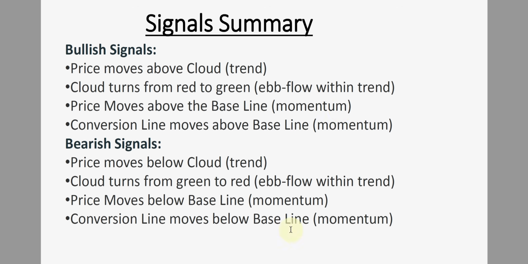Okay, for a bearish signal, price moves below the cloud, that's a trend. Cloud turns from green to red, that's also telling us that we are bearish. Price moving below the baseline is a bearish signal, and the conversion line moving below the baseline is also a bearish signal.